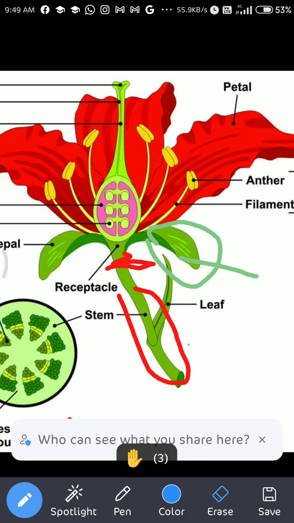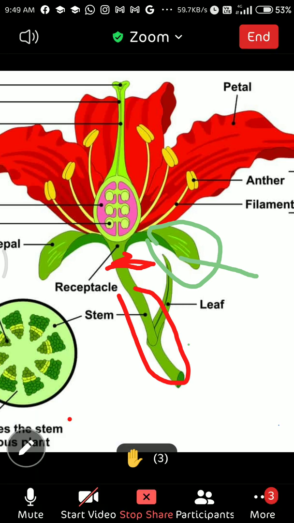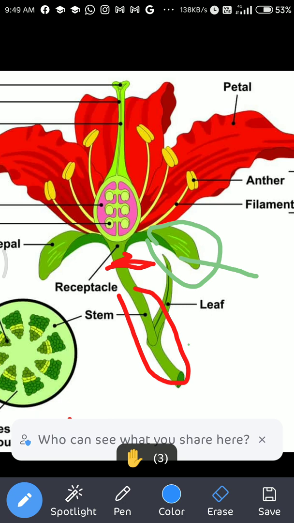I have circled the single unit, so it's known as sepal. If I show you the whole thing, then it is calyx. This green part is the whole, but when you talk about one, then it is known as sepal.